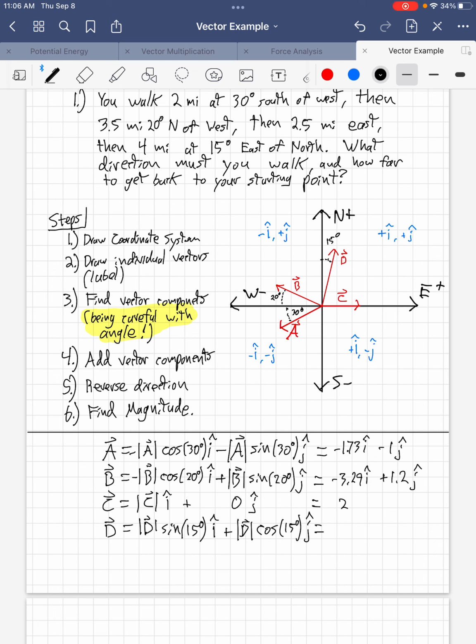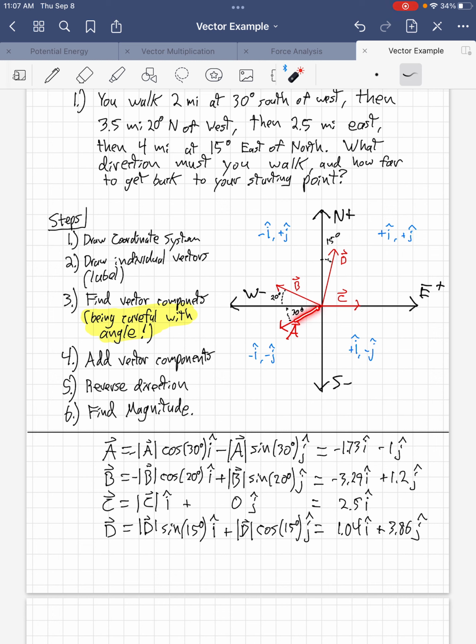C is going to be 2.5 miles in the positive i direction. And D is going to end up being 1.04 i plus 3.86 j. So now we can double check.